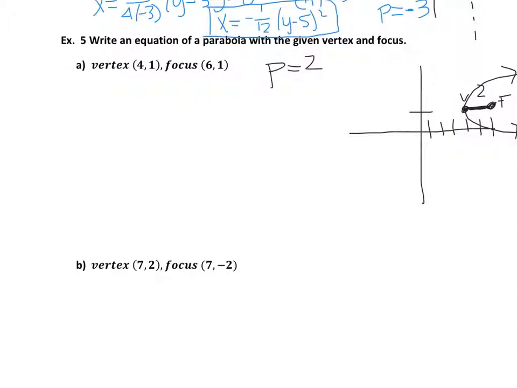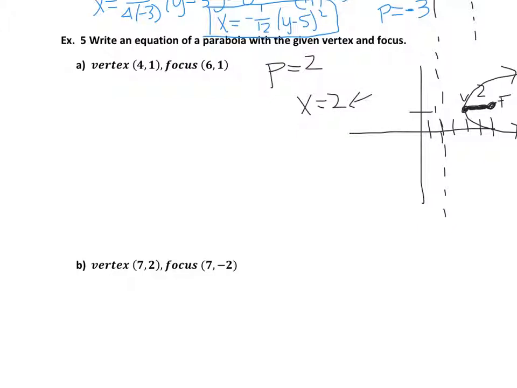That's the directrix. So I need to go backwards from my vertex. So if this was 2, I'm going to go 1, 2 back, and here is my line for my directrix. And that's going to be at x equals 2.